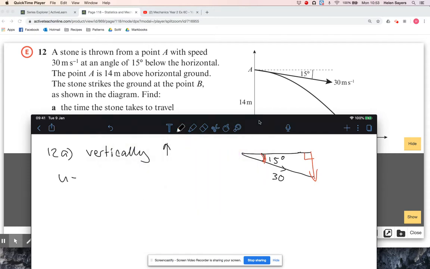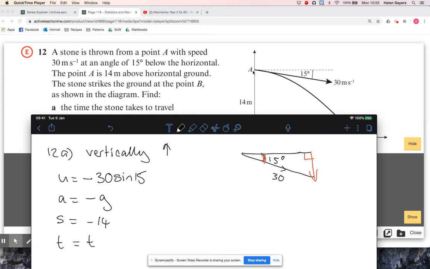So its initial velocity vertically is 30 sine 15, and it's going downwards, so that's minus 30 sine 15. Its acceleration is due to gravity, going downwards, so that's minus g. Its displacement: it's starting 14 meters in the air, so it hits the ground when its displacement is minus 14, and I'm after t. I want to know how long that takes.